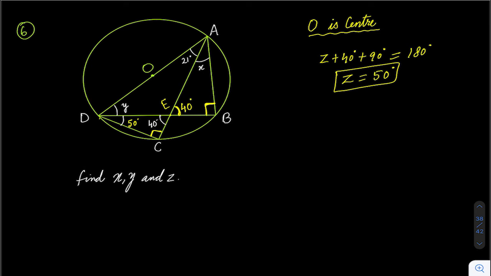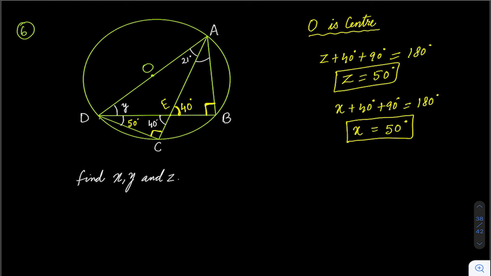So we can find x also. x plus 40 degrees plus 90 degrees should be equal to 180 degrees. So my x value is coming out to be 50 degrees. Now I want you to pause the video and think how we can find the y value.